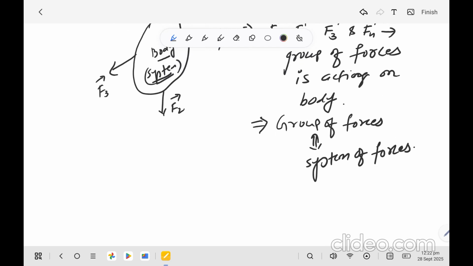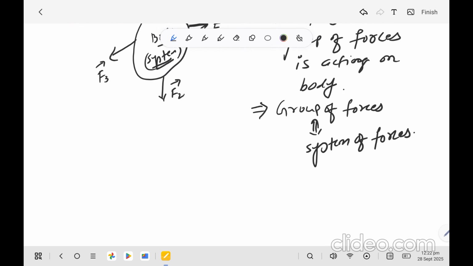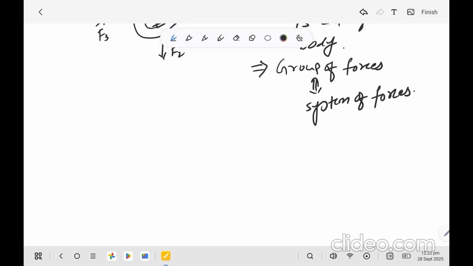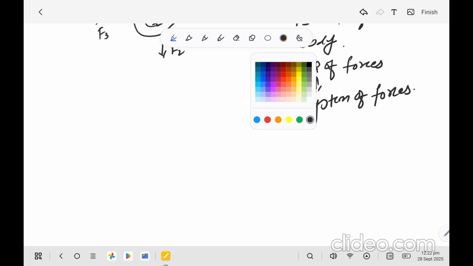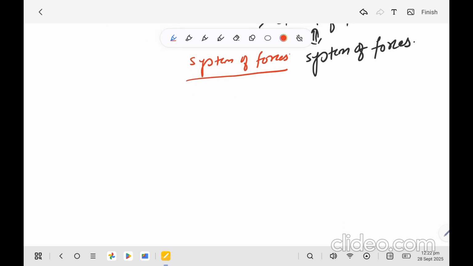So now we can again define different kinds of system of forces. The system of forces we can divide into two groups.